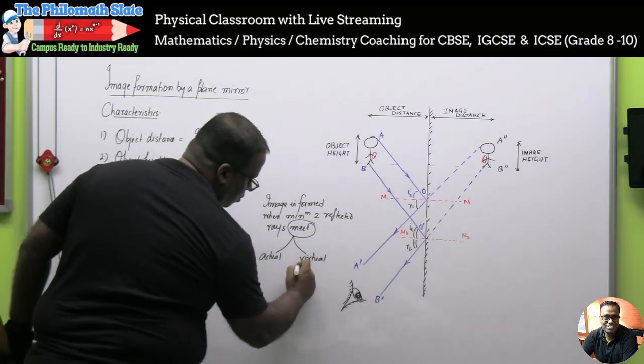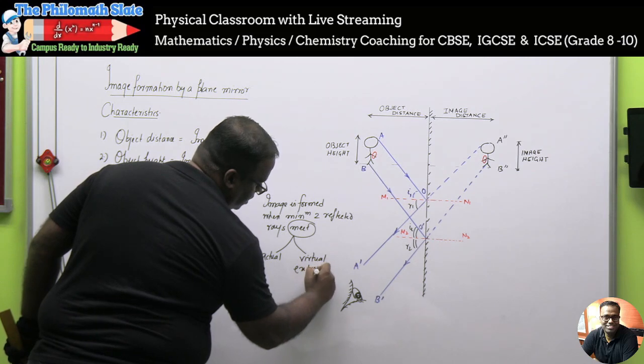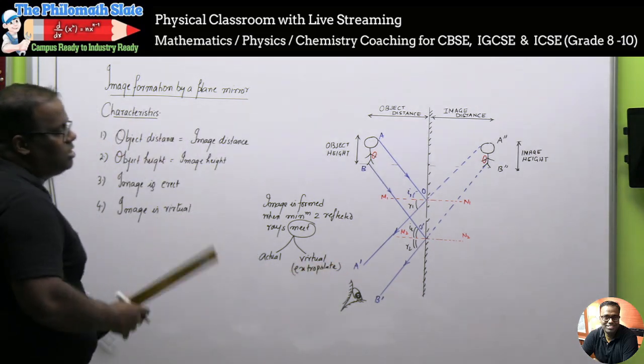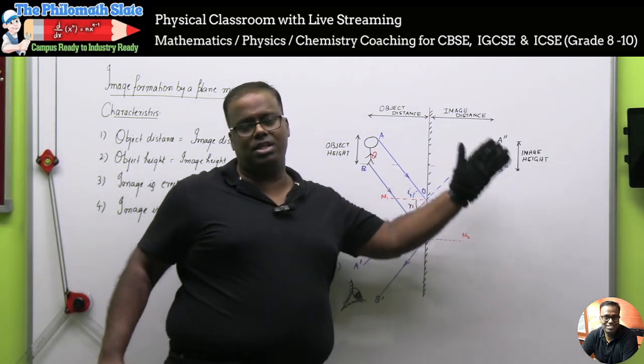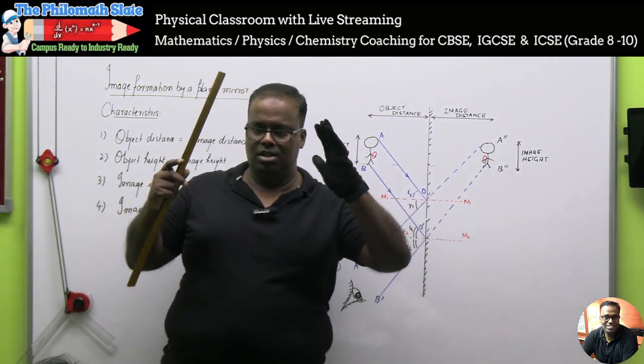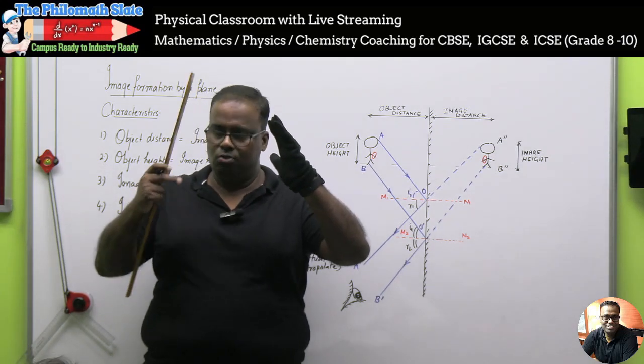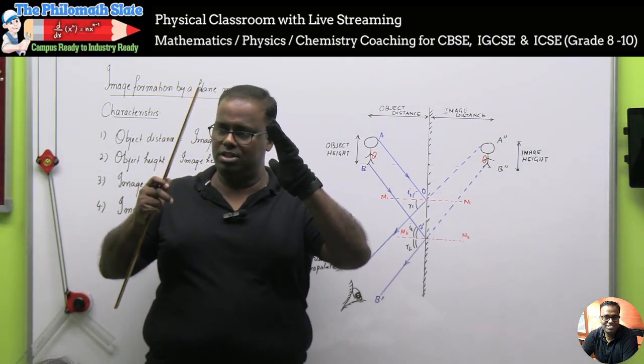In this what we do, we extrapolate. What, it is a new English word for you, extrapolate. Extrapolate means you pull the rays on the back side. Try to understand. Look at me. These are two rays going at the bottom side. They are divergent. Do you agree?